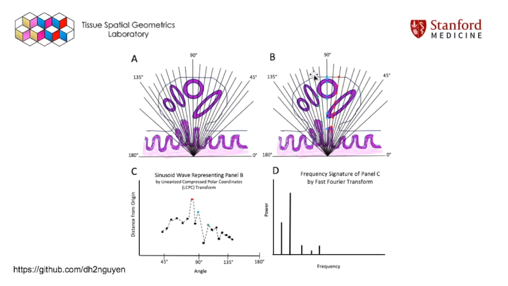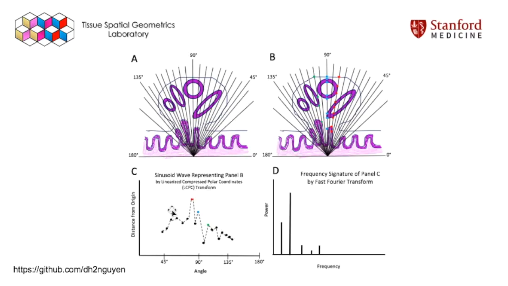And we do this for every line. And then we can sum up all of the points for each line such that every line only has one point. And here in panel C, I've color-coded red, blue, and green to correspond with panel B, which lines I'm talking about. So this in panel C is called the LCPC transform of the spatial information in panel A.